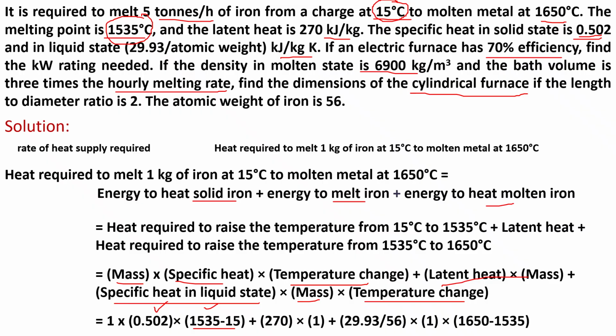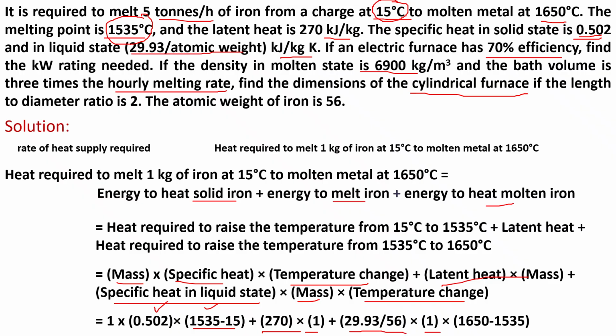Plus the latent heat into mass: latent heat is given as 270, mass is 1 kg. Similarly, specific heat in liquid state is given as 29.93 divided by atomic weight, that is 56.